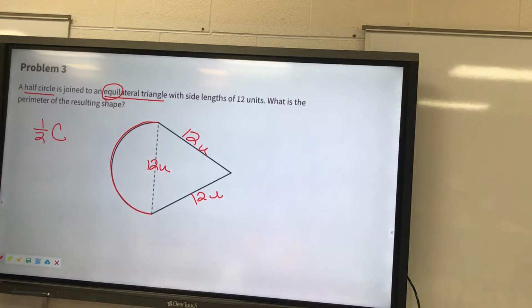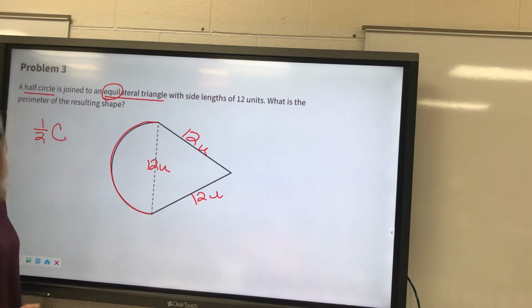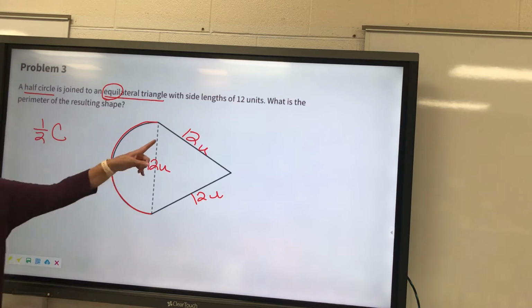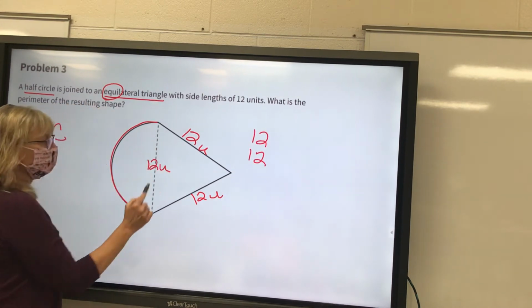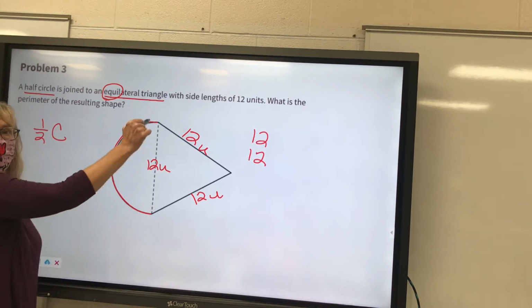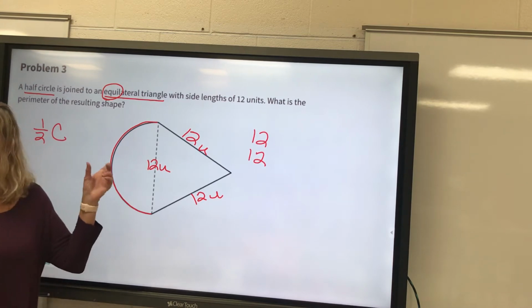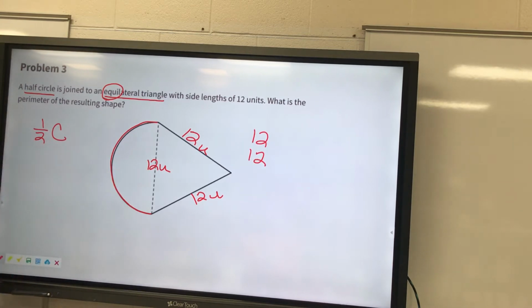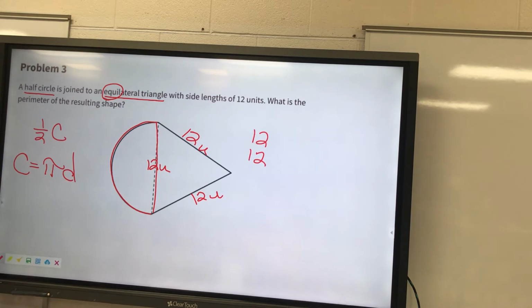Okay. How do we find perimeter? Adding up the sides, right? So we have 12 here and 12 here. Do I need to add this 12 here? No, that's inside. But do I need to know that 12 right there? Yes, because circumference is pi d. What is this line on the circle? The diameter.